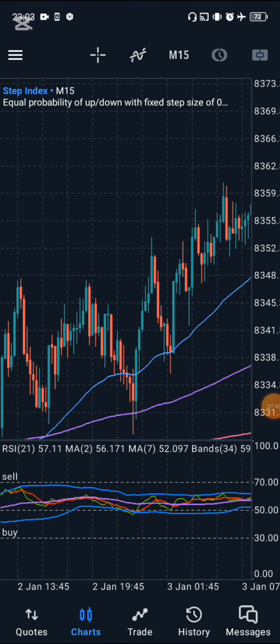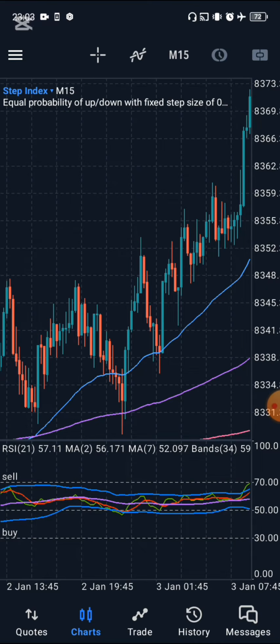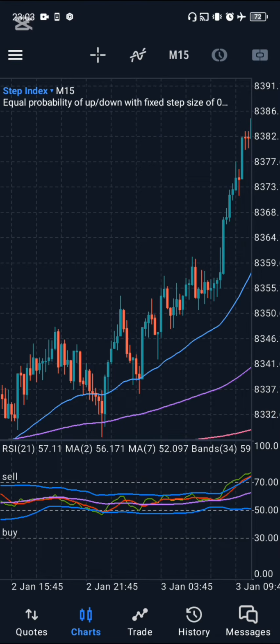When they pull back to the 50 moving average, we're going to be waiting for a simple candlestick confirmation, or a crossover, and then we enter.